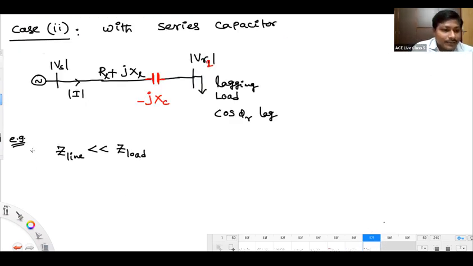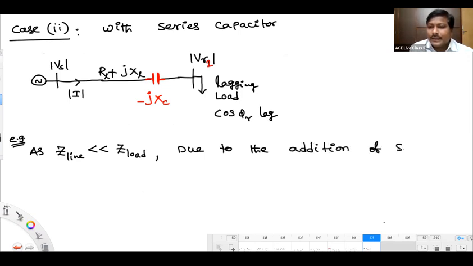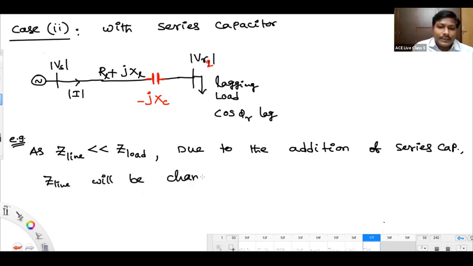Okay, right. Serious one. As Z line is very, very less compared to Z load, due to the addition of the series capacitor, Z line will be changed. But the overall impedance will be almost the same.